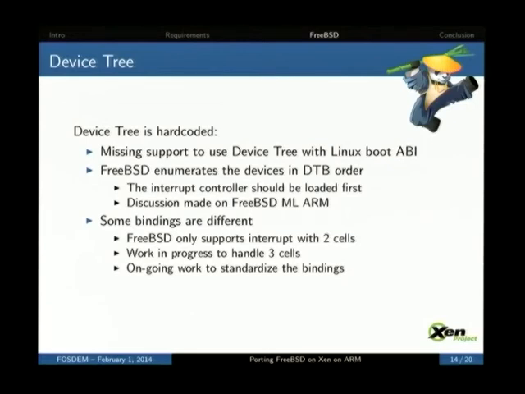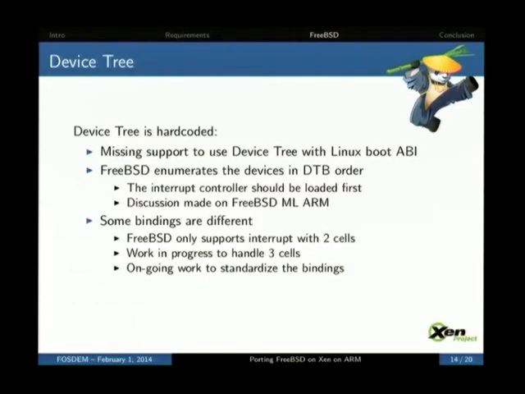The second thing is that the bindings are different. The FreeBSD binding was created about 2 years ago, and there was no common binding between the different operating systems. So the current code of FreeBSD only handles 2 cells for the interrupts, so only the number of the interrupt and the configuration. On the binding we chose for Xen, we chose to have 3 cells.